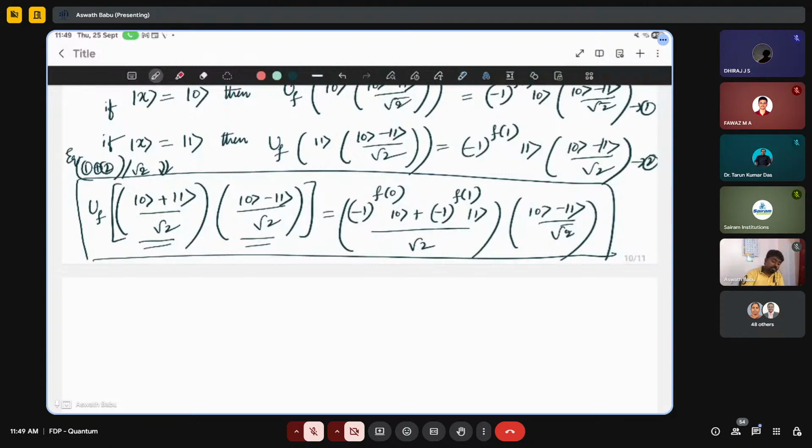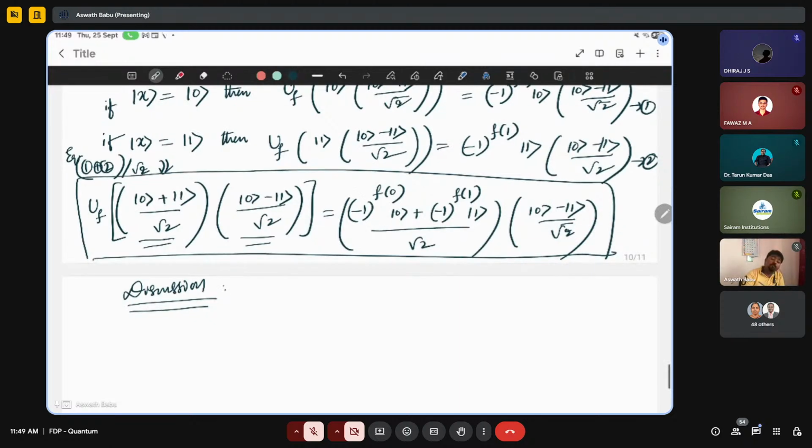So let's discuss the various possibilities. Let's say both function values are equal to 0. In that case, what happens?